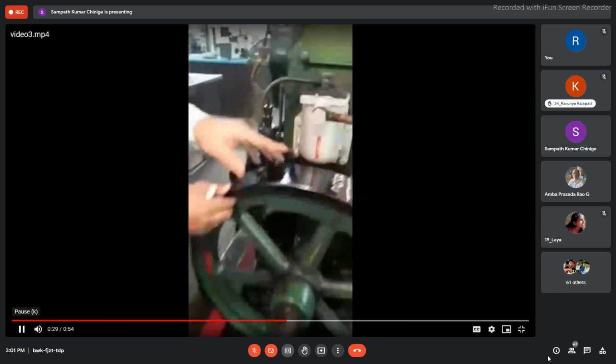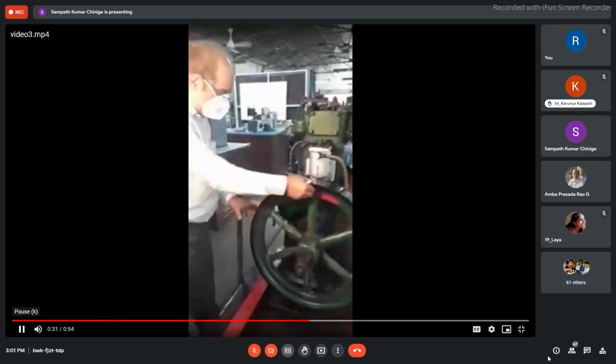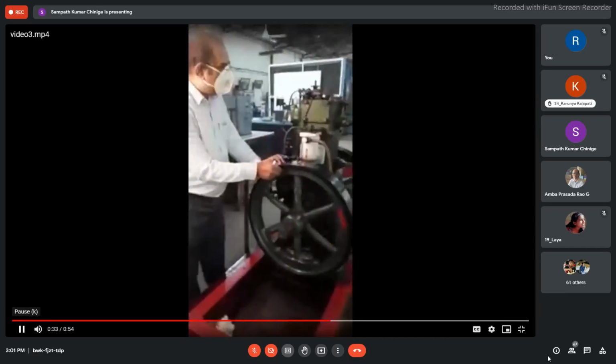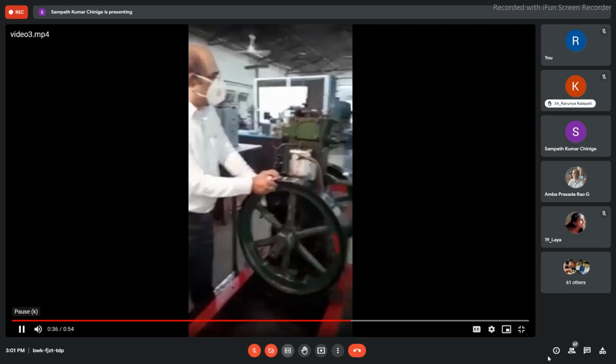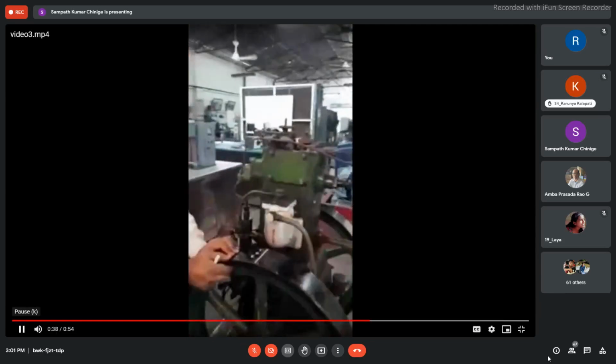Having identified the top dead center and bottom dead center, as I told you, we will be actuating the intake valve by rotating in the clockwise direction.